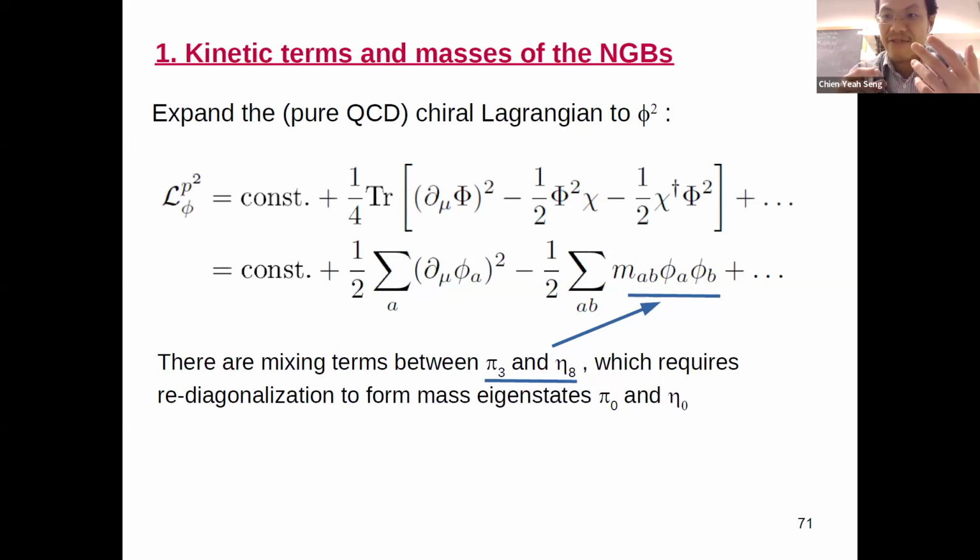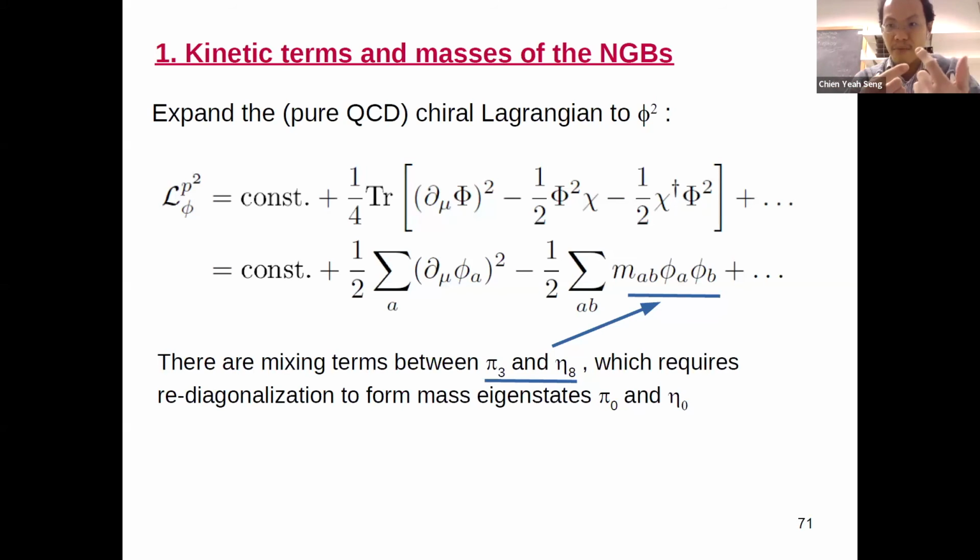But now you have several fields, so if they are all independent, you should have something like half the derivative d mu phi a squared minus half m a squared times phi a squared. But if you really expand the Lagrangian, you find that there's an interference term between pi 3 and eta 8.